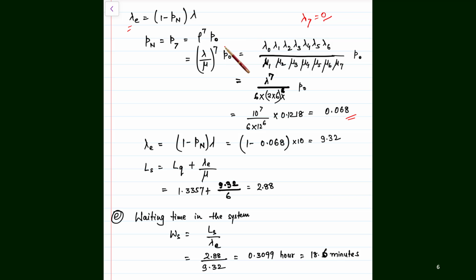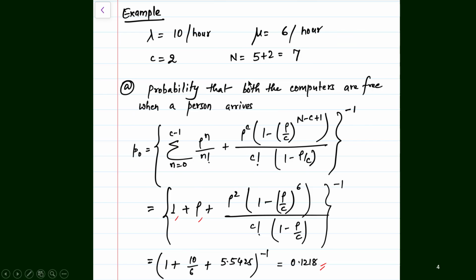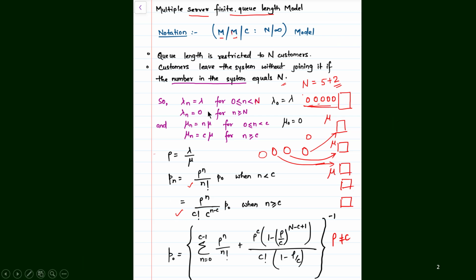Lambda 0 means there is no customer in the system, then the arrival rate will be lambda only. So in total how many lambdas? 7. So lambda to the power 7 divided by, now this is mu. So mu is there, that we have seen already how the mu follows here.